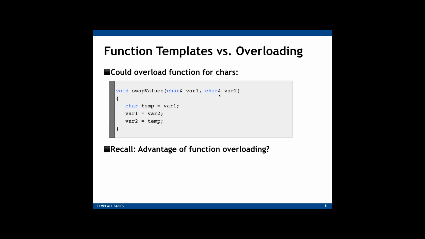It receives character type values, and just like the previous example, it's just swapping the values of the first and second arguments. But this function works with character type values.